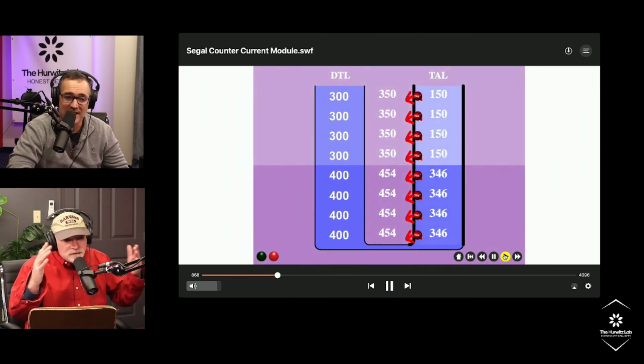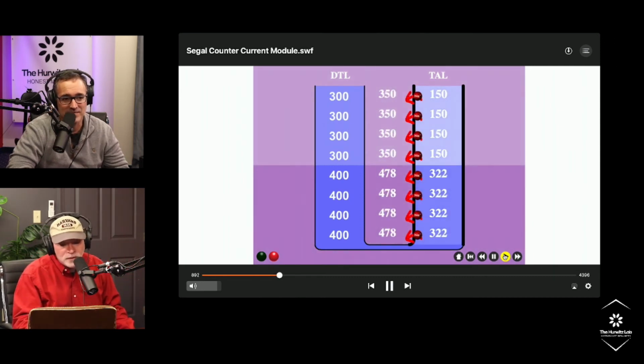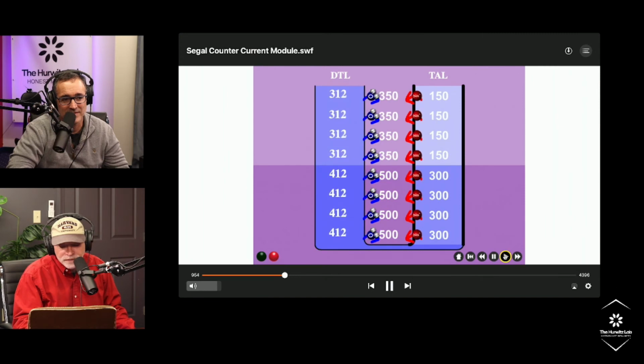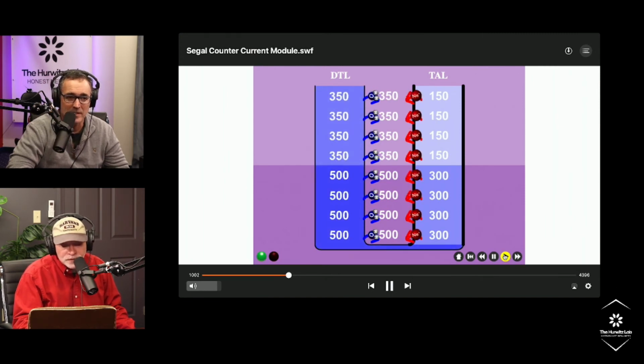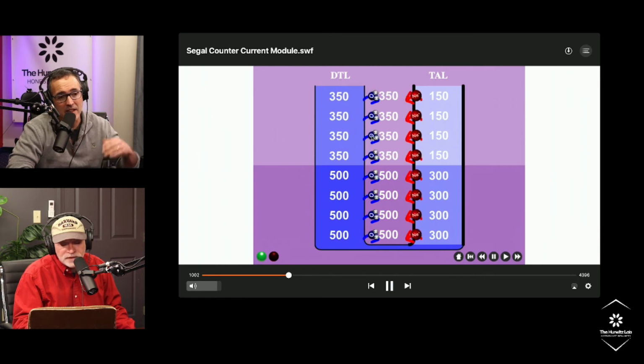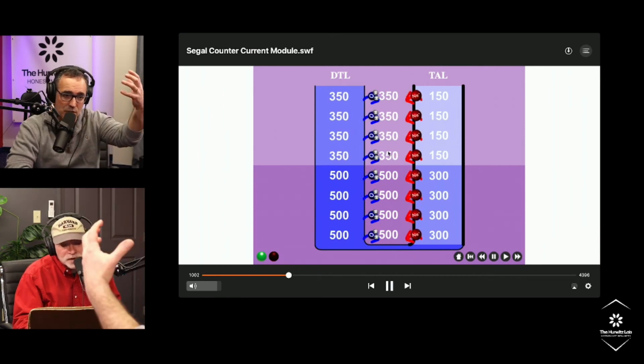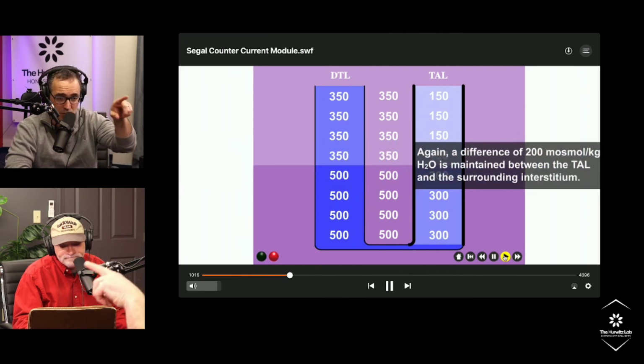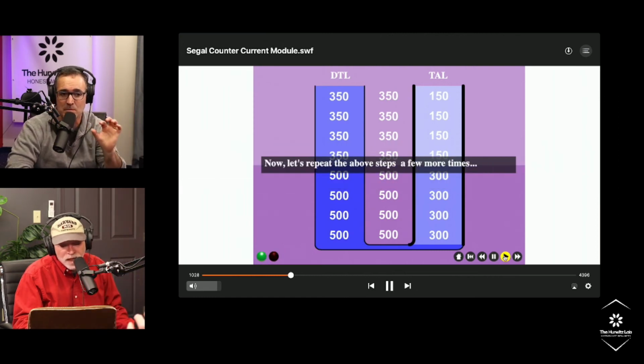This is the yin and yang of the salt and the water. This goes on for a while, with the thin limbs doing their part. I think this is the point: it's the new ultrafiltrate coming in and this process repeating itself. That's the multiplication.